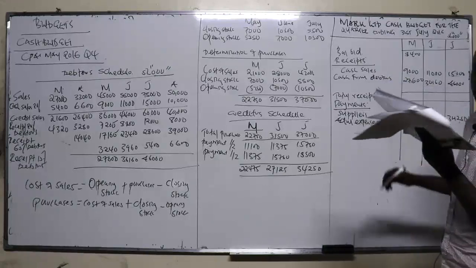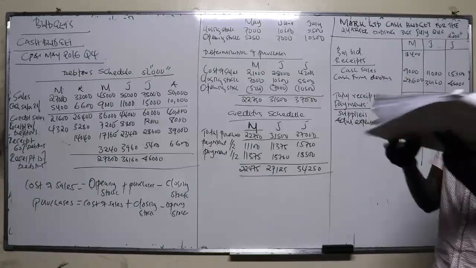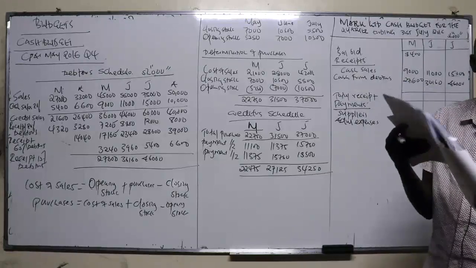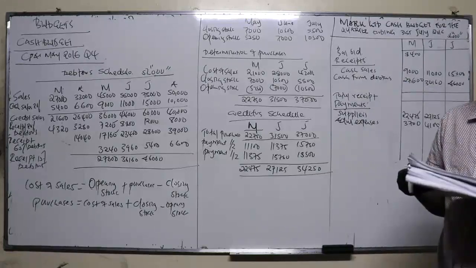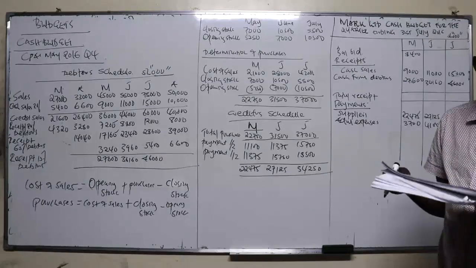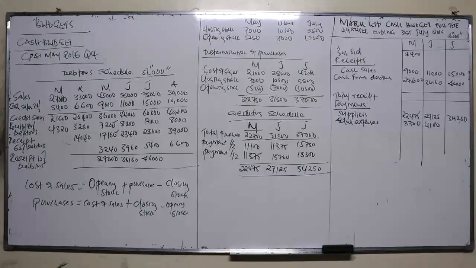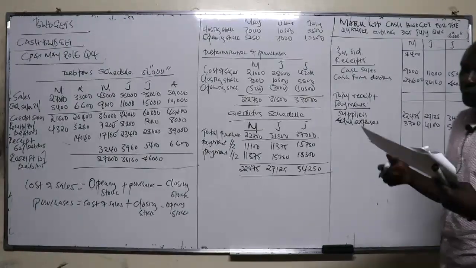So what you're doing is taking the total administration expenses for every month and deducting 1,800. This one is 5,100. So we are through with the administration expenses.